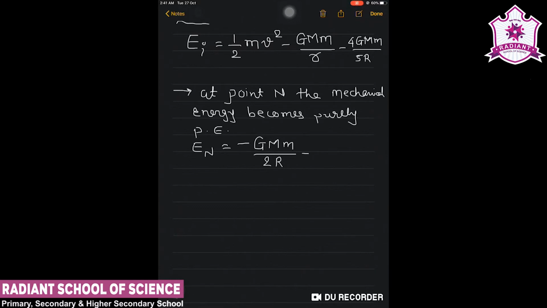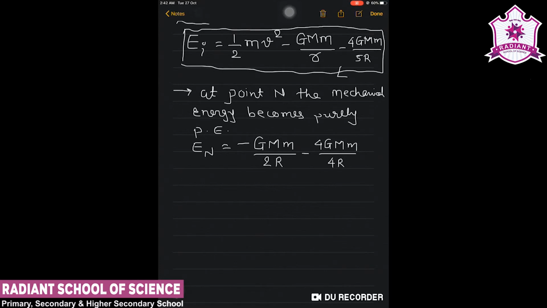Then for the 4m mass, minus 4G capital M small m over 4 capital R. So now here we have two different equations for the potential energy. Suppose we say this as equation 1 and this as equation 2.